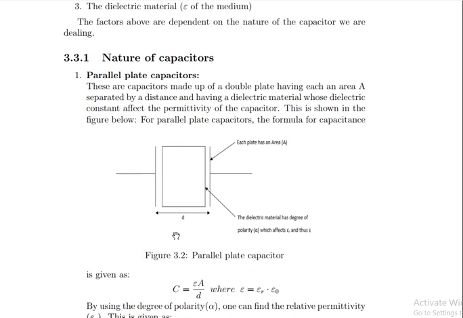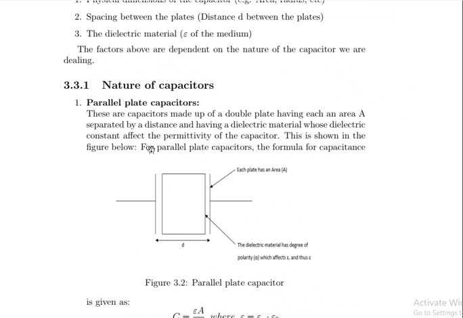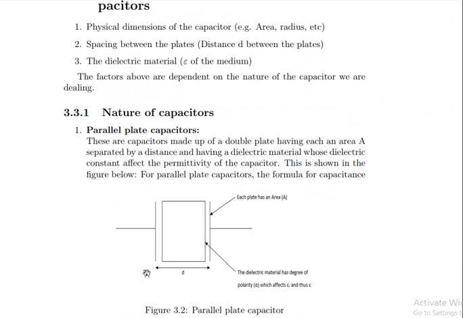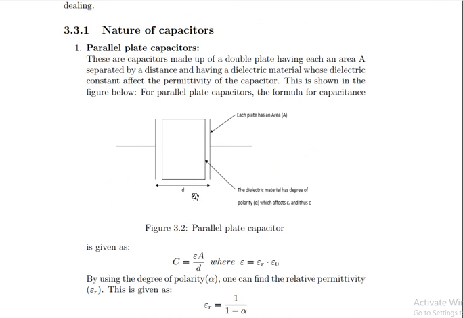Now this is in the case of a parallel plate capacitor. With a parallel plate capacitor, you have two plates which are parallel to each other, separated by a distance d. And with this parallel plate capacitor, the capacitance is epsilon A, the area of each plate, divided by the distance separating the plates, and epsilon is the permittivity of the medium, and the medium here is due to the dielectric material.